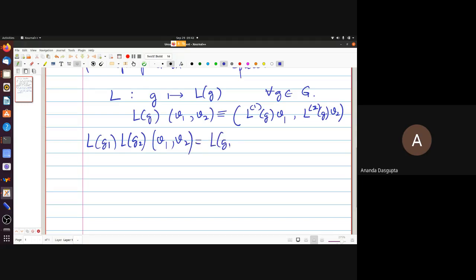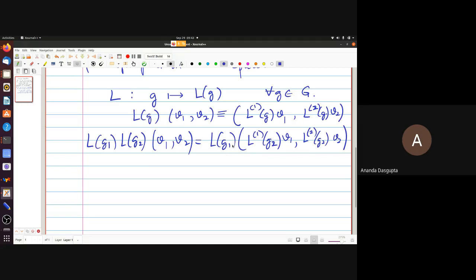This, of course, is, as always, LG2 acting on V1, V2 first. That's going to be L1G2 acting on V1, L2G2 acting on V2. Just one word of warning, maybe I would have been better off saying G, G prime instead of G1, G2, because the 1, 2 up here, the one on L1 and the V1, these are really labels for the spaces.